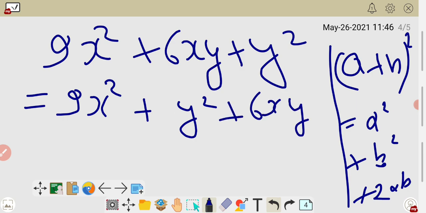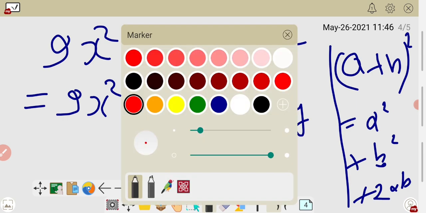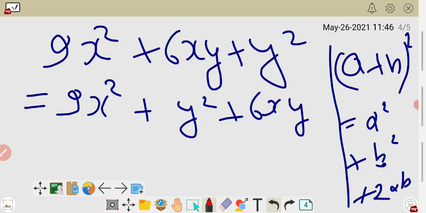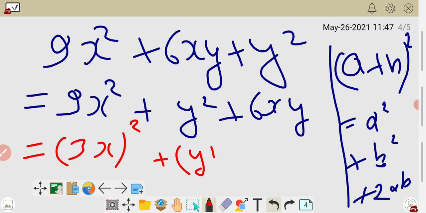You have to do the rearrangement of the question. Now can we write 9x square as 3x whole square, whole means complete square, and y square as y whole square? These two parts you have to write from the question. Both are the same. Now the remaining part you have to do from the formula.